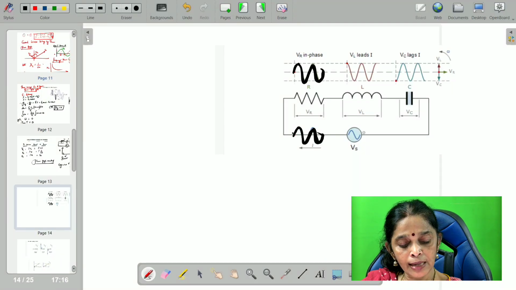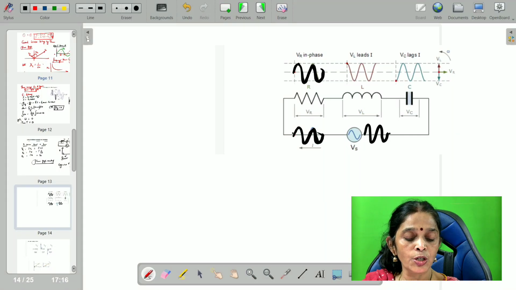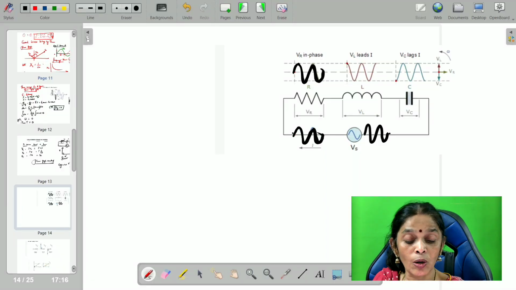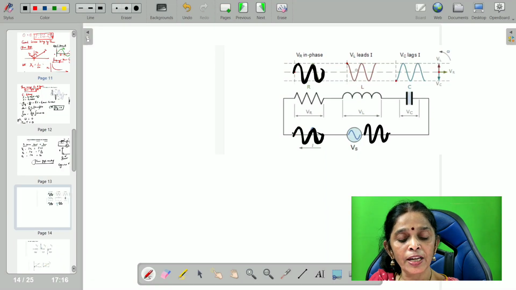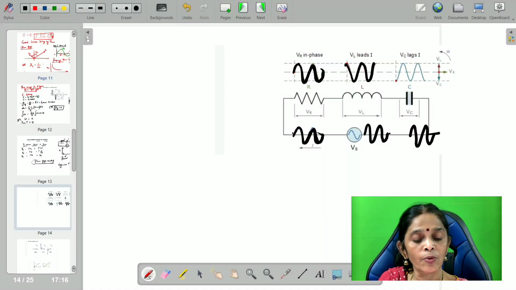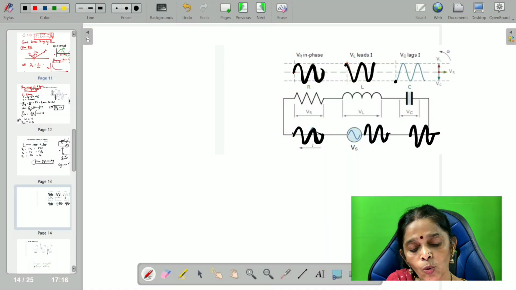Same way here, this is current. But look at the voltage. Voltage is above, current is below. So, current lags the voltage, or you can say voltage leads the current. Next case. Again, this is current. Current is same, so same thing, whereas look at the voltage. Voltage lags.